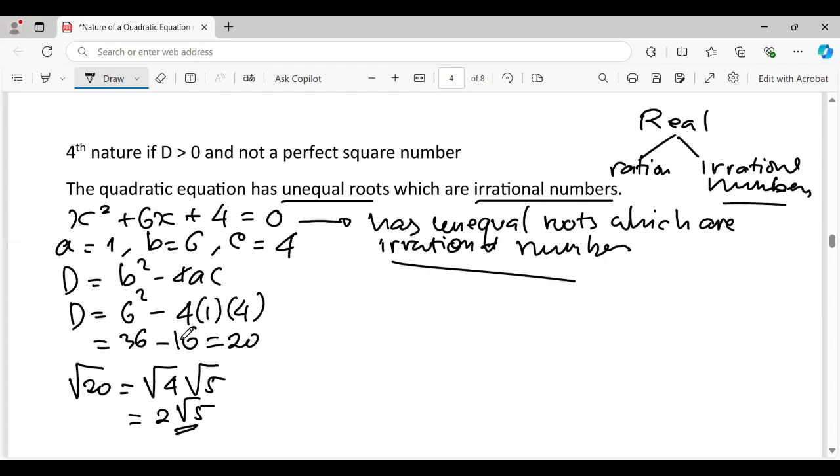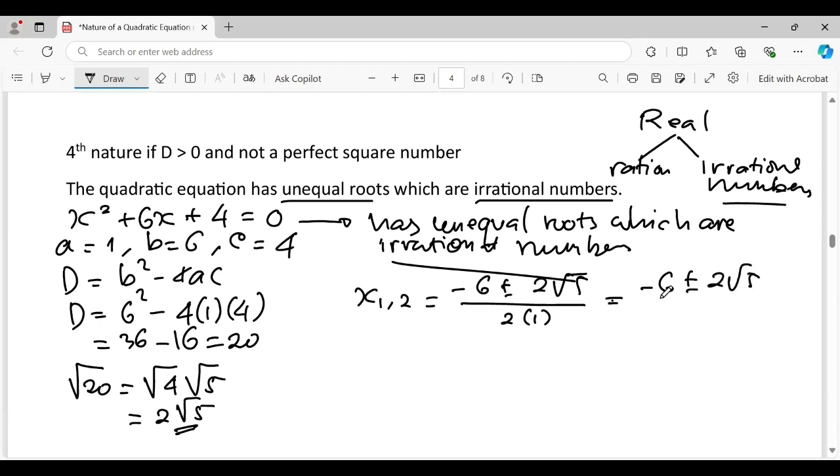Okay, this one. Proof. x1 and x2 equals minus 6 plus minus 2 square root 5 over 2 multiply 1. So it becomes minus 6 plus minus 2 square root 5 over 2. It's going to be divided by 2: minus 3 plus minus square root 5.